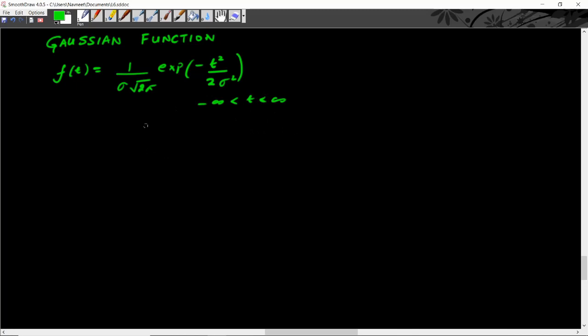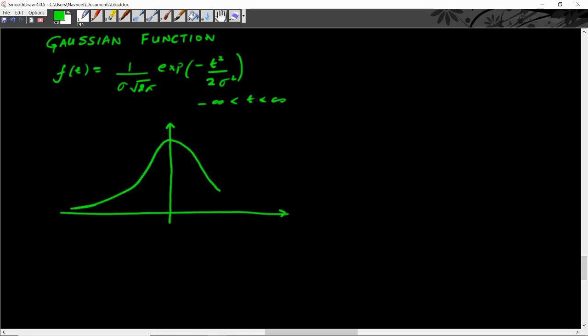This is the similar function by which we describe the normal distribution. So here is the plot of this normalized Gaussian function. By normalized, we mean that the area under this curve is equal to 1.